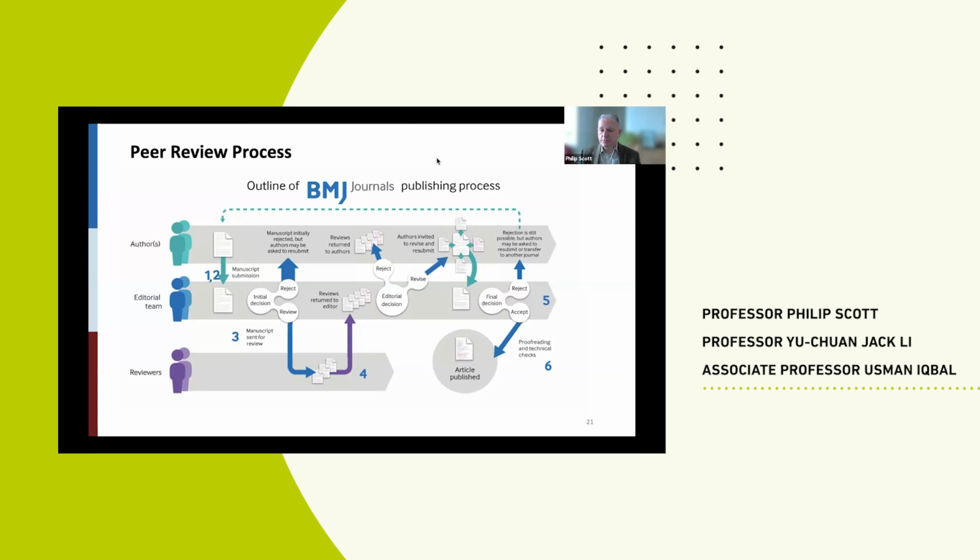And then step 6, the article goes through the production process, so the formal proofreading, the checking of references and so on, that is necessary for it to go into the correct format to be published on the BMJ HCI website. So as you can see, there's a number of steps involved there, but overall, it's actually a fairly simple process. We assign the peer reviewers, we get the comments, we make a recommendation, an iteration of revisions until we get to the final decision stage.